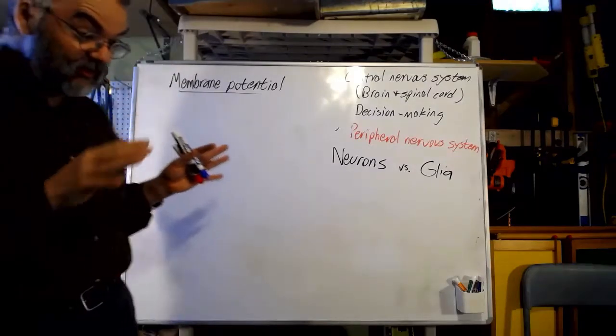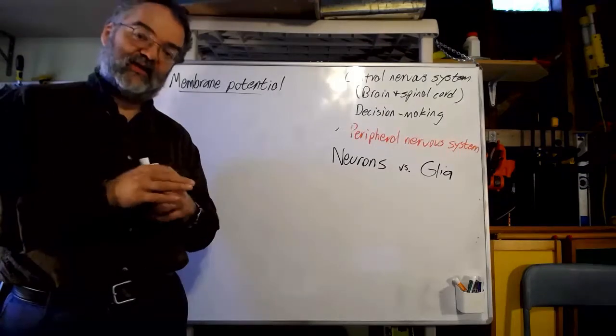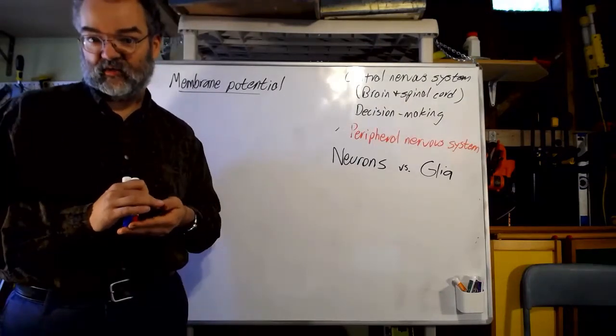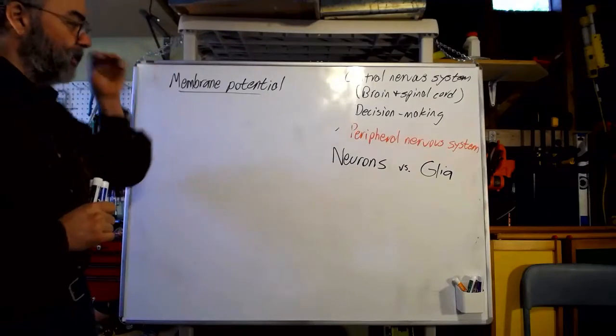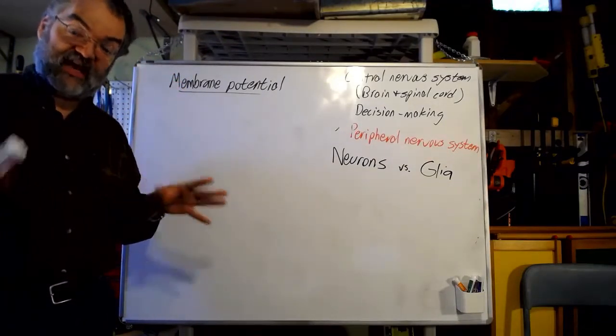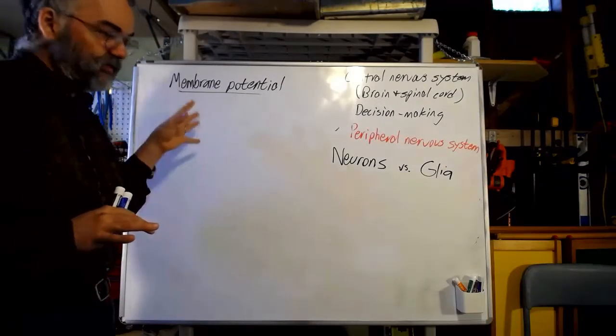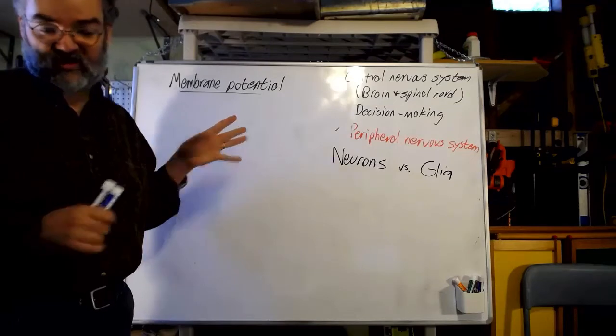We talked a little bit even about what happens when more than one ion can cross the membrane, how the membrane potential we get will be somewhere between those two ions' equilibrium potentials. Since membrane potential is so critical for nerve cells, it's how their signaling works, I wanted to give you a little bit more information about what we're going to talk about with that.